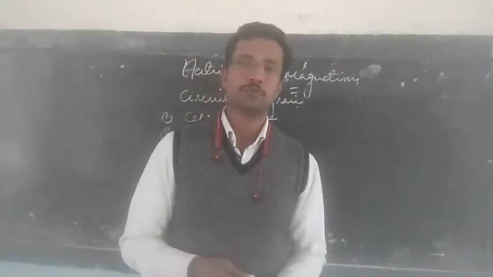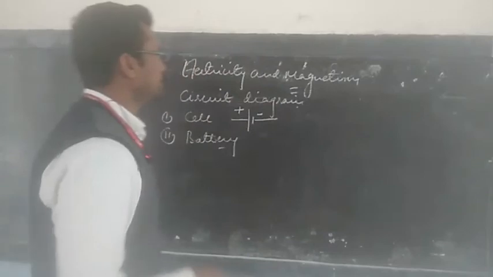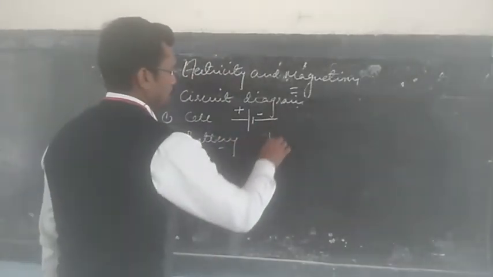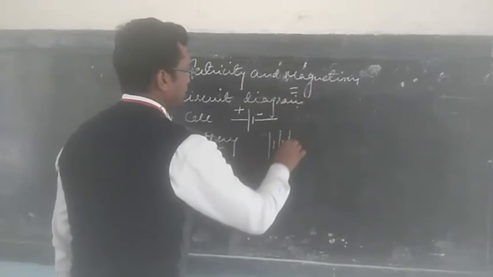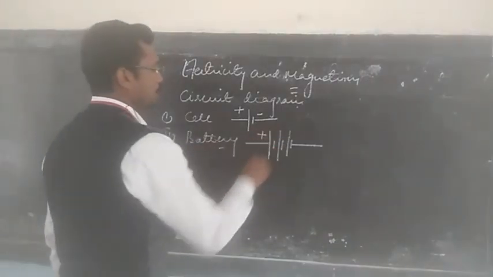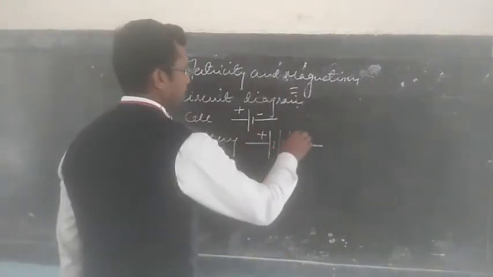That means in order to show the battery, we have to take vertical lines more than two, where the big and the small vertical lines will be at alternate positions. Again, the bigger vertical lines will be the positive terminal and the smaller ones the negative terminal.